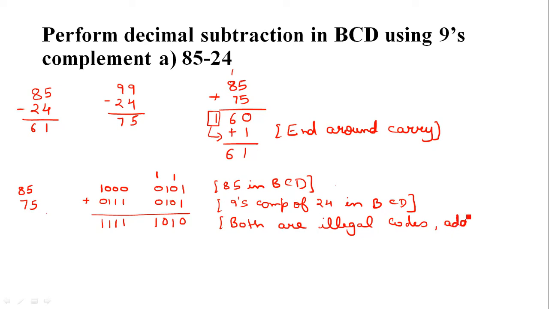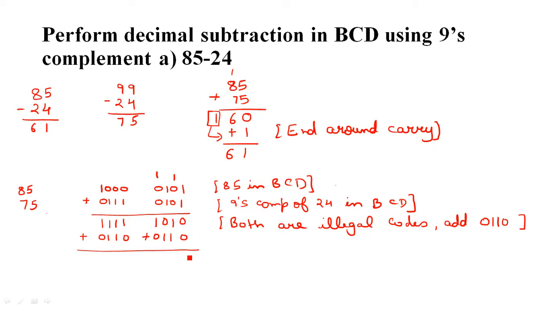Add 0110 to each group, because they are illegal and we have to convert this illegal code to legal code. So we are going to add 6 to each group.